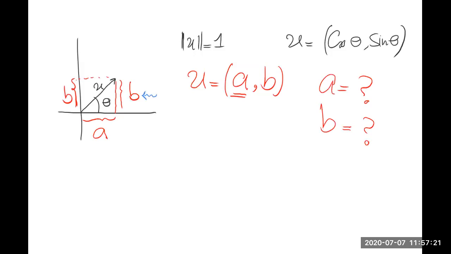Remember, what is the definition of cosine in a triangle? Look at this blue triangle. What is the definition of cosine? You can unmute yourself and say it if anyone remembers. If you have a triangle, what is sine? What is cosine?